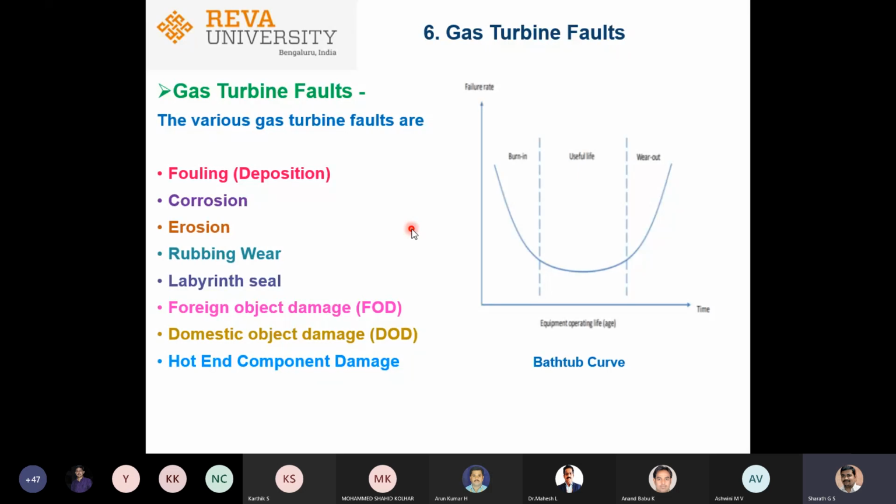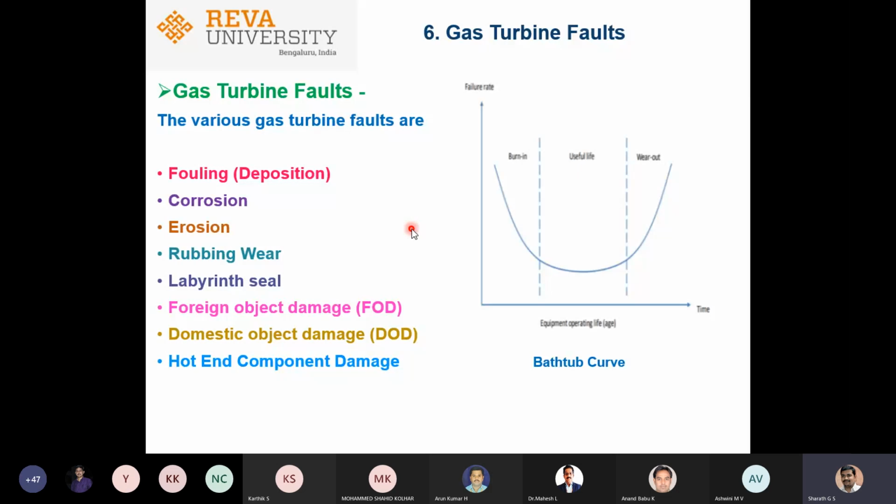It is at high altitude. You will not have much air over there, and on top of that, you have a lot of sand and dust present in such atmospheres. So when you are operating in very hostile operating and environmental conditions, the gas turbine engines are subject to inherent deterioration and degradation.